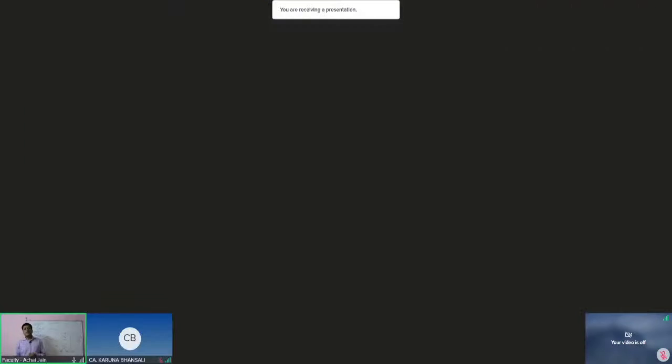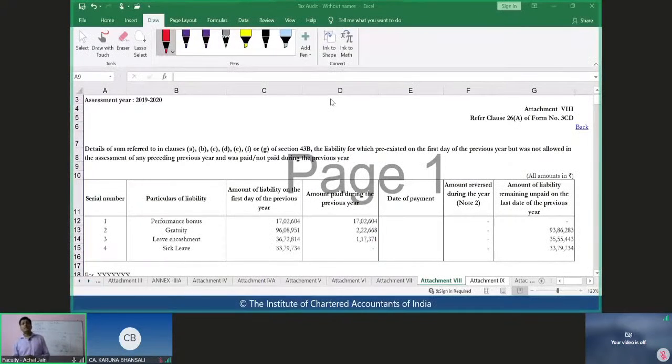Now, what are the items which will be captured under this? 43B items means items which may have been recorded as an expense in the previous years, against which outstanding liabilities are appearing, but which were disallowed by the income tax department. Why? Because the income tax department said that whenever you pay this amount, only then it will be allowed.